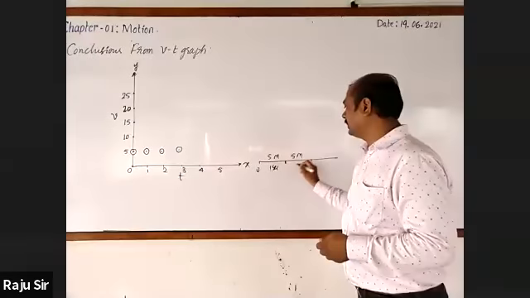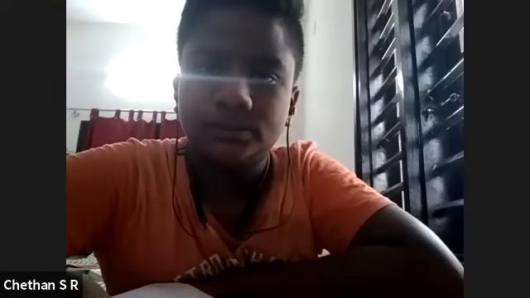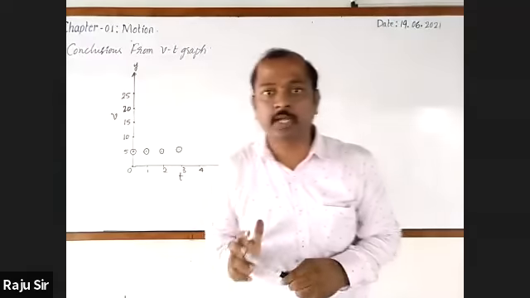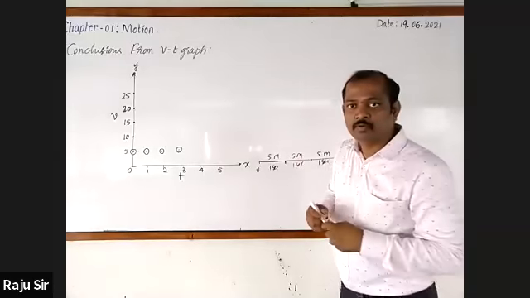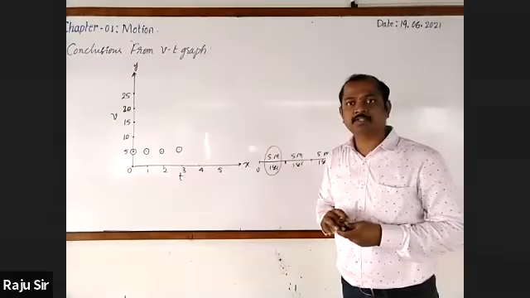Again 5 meters in the next second. Again 5 meters in the next second. Which means I am covering equal distances in equal intervals of time. It is uniform motion.